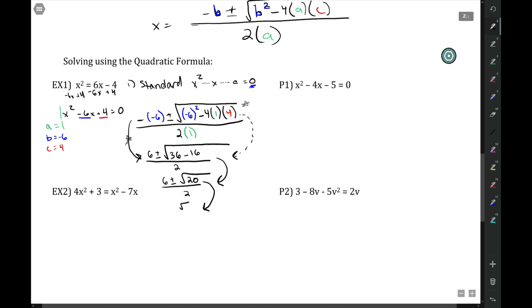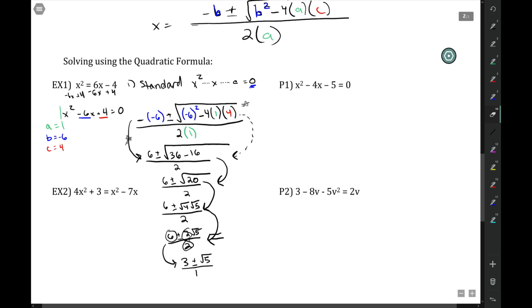Square root of 20 is really square root of 4 times square root of 5, plus or minus 6 all over 2. And one more time, so it's all about cleaning it up here. 6 plus or minus 2 roots of 5 over 2. And if you really want to be fancy, one more time, you can notice 6, 2, and 2 each have a nice factor. You can make it 3 plus or minus root of 5, technically over 1.